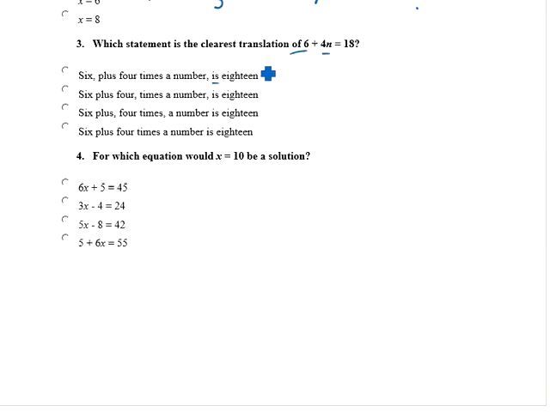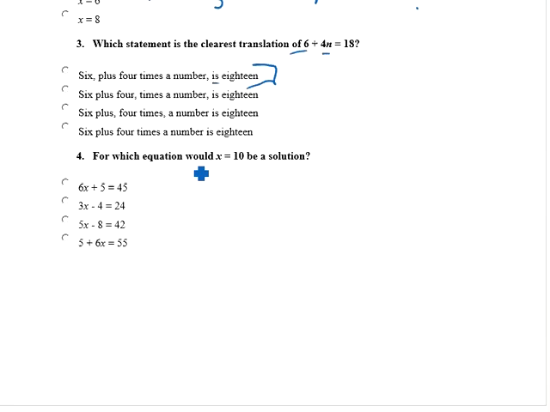I like number 1. The other option, 6 plus 4, would be 10 times a number, so the comma is in the wrong place there. I like the commas better, so that's why I went with number 1.